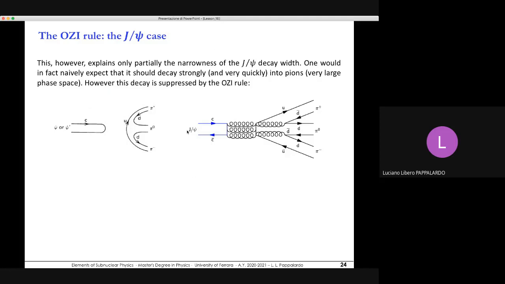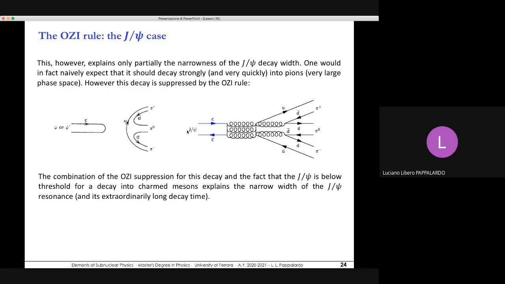Exactly the same argument that we discussed before for the phi applies also in this case to the J/psi. So the combination of the OZI suppression for this decay and the fact that the J/psi is below the threshold for decaying into charmed mesons explains the narrowness of its resonance, and so the extraordinarily long decay time. Is it clear? Hope so.